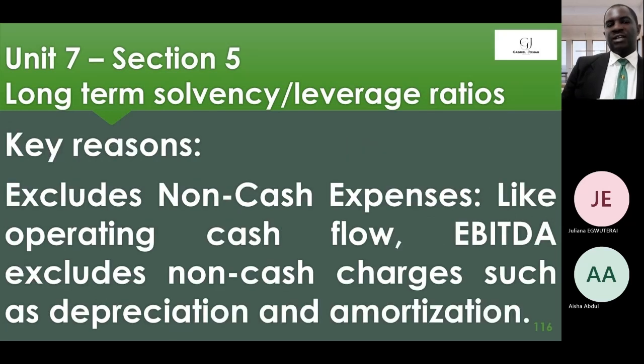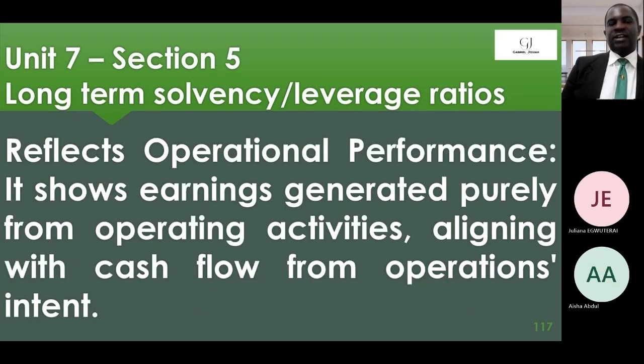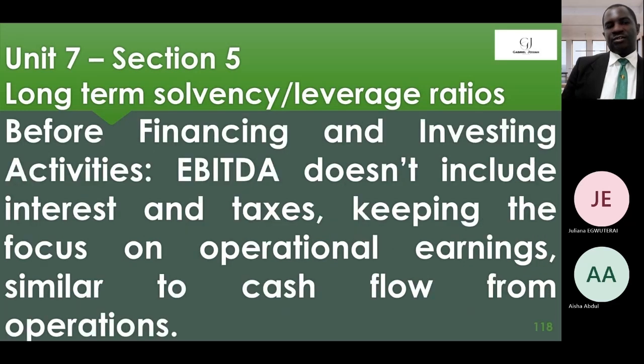The key reason is that EBITDA excludes non-cash items like depreciation, amortization, and any non-cash movements. It reflects operational performance, and it also shows earnings generated purely from operating activities, aligning with the cash flow from operations intent.